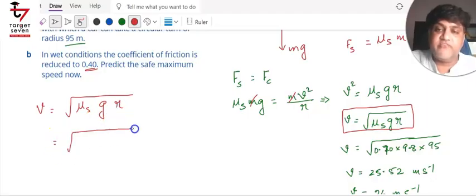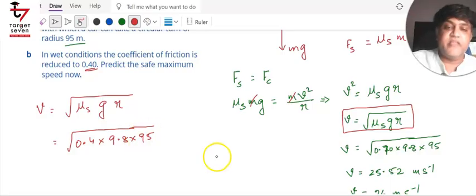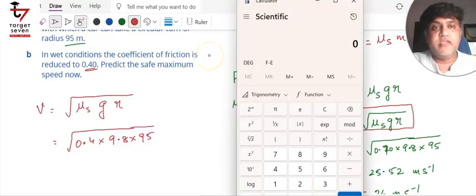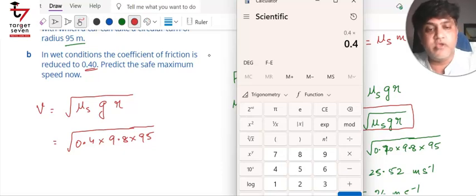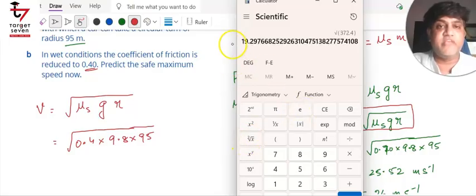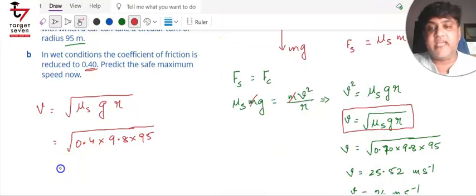This will now give us, mu s will be 0.4 into 9.8 into the radius of the circular path, which continues to be 95. Let's quickly solve this number here. 0.4 into 9.8 into 95 gives us 372.4. Square root of that would give us 19.29.